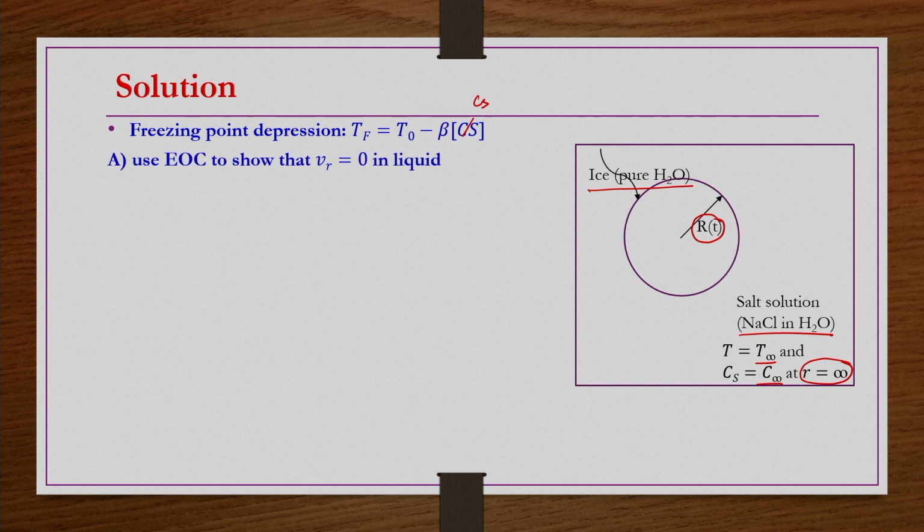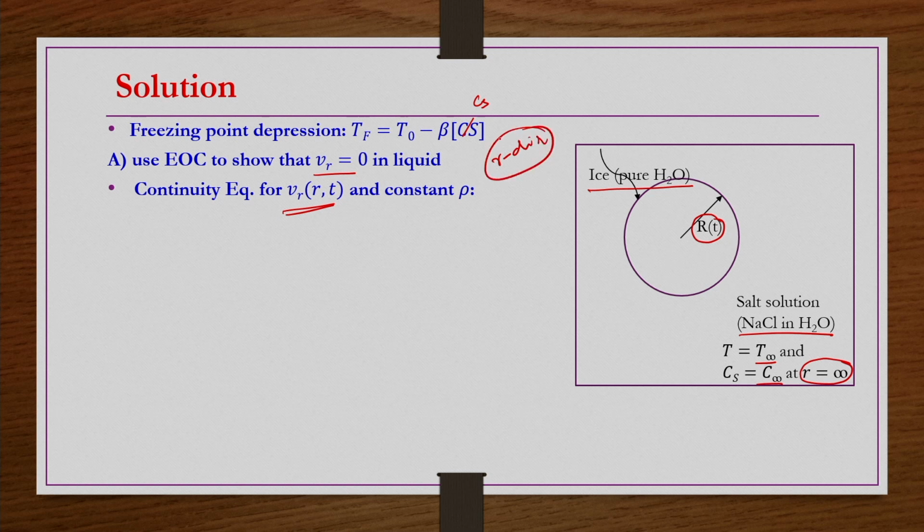Cs is the salt concentration. Now, we use the equation of continuity to show that Vr is equal to 0 in the liquid. So, in the continuity equation, we understand only r coordinate variations are there because of the spherically symmetric condition that is given.